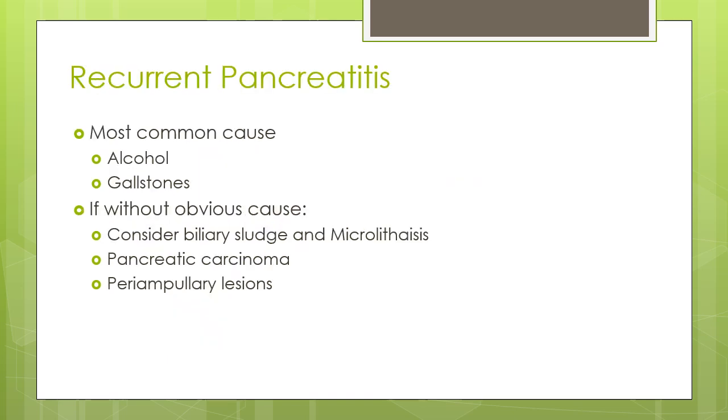Recurrent pancreatitis may occur in some patients, and alcohol and gallstones are still the most common reasons for development of recurrent pancreatitis. When the cause is not obvious, malignancy like pancreatic and ampullary tumors should also be considered and investigated as possible causes.